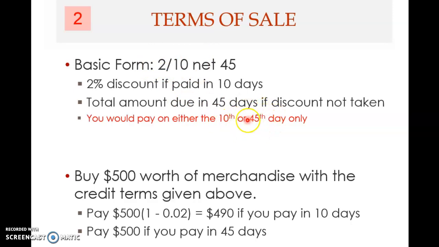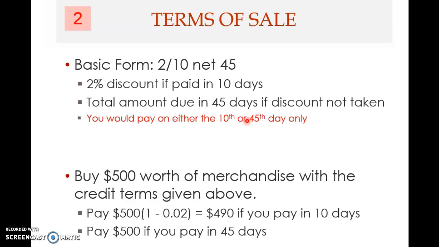You won't pay earlier. A good company will not pay before the 10th, of course, but it will also not pay before the 45th day, because there is no benefit in paying earlier. So if they want to take the credit, they should pay on the 45th day. They shouldn't pay later, but they should pay on the 45th day.